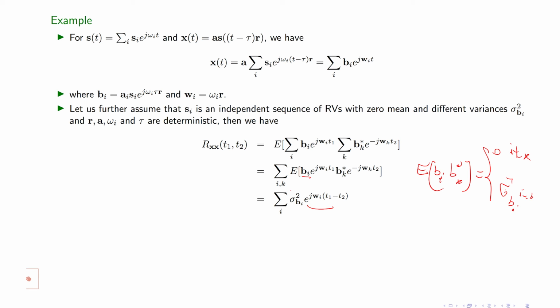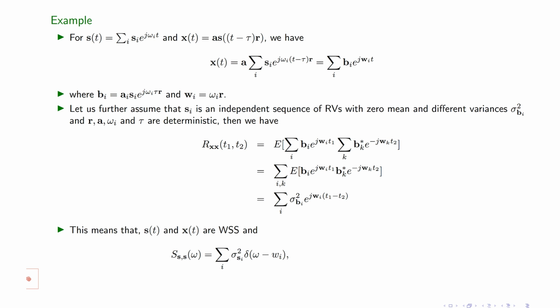Obviously, in this case, if the components of different frequencies are uncorrelated, this will be only a function of time difference, T1 minus T2. You don't see anything else. So this will become wide sense stationary. Remember that this guy is already wide sense stationary if these SIs are independent or uncorrelated.